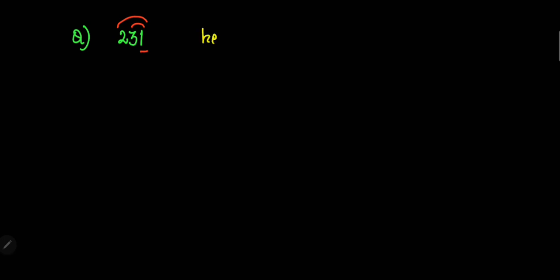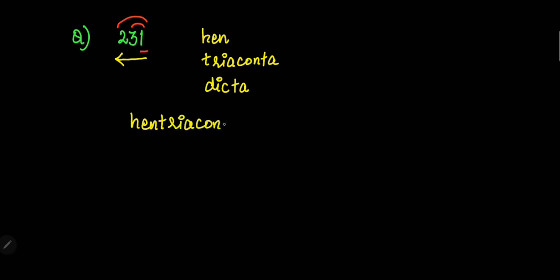For 1 we use hen, for 30 we use triaconta, and for 200 we use dicta. Let us combine them. I give the name as hentriacontadictakis. This is the name for the complex features.